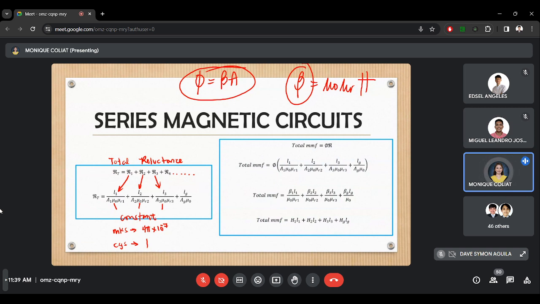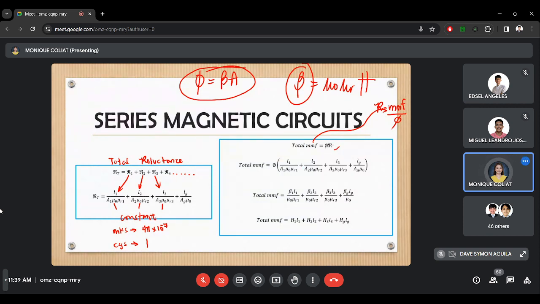Then, to get the total magnetomotive force, di ba may formula tayo, which is R is equal to MMF over flux. So, ito yon si MMF. Okay? So, kuhanin nyo lang yung formula ni MMF, which is R times flux.